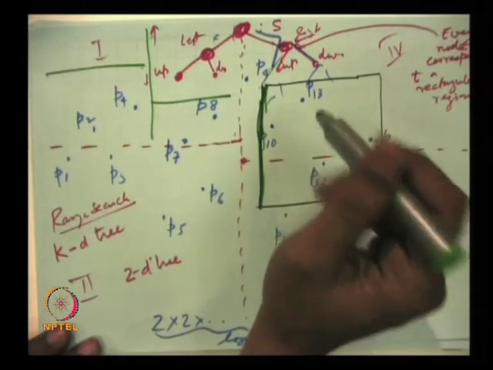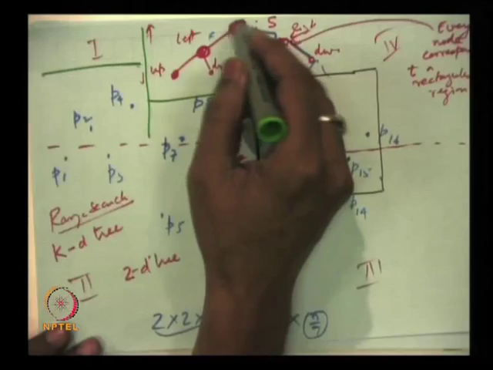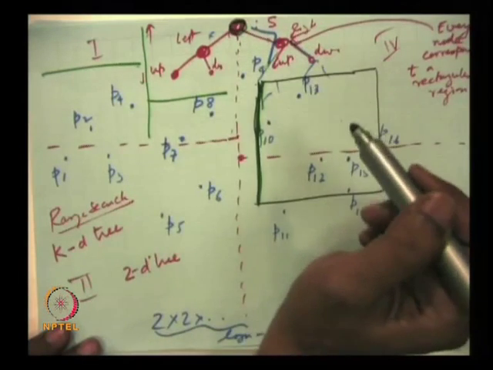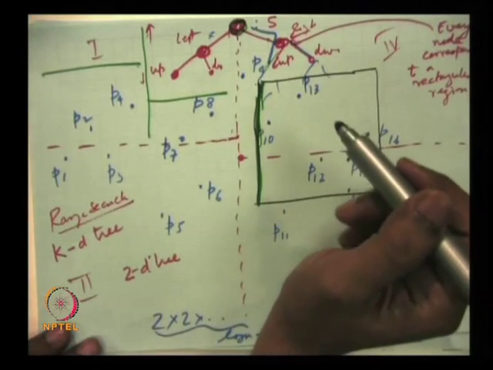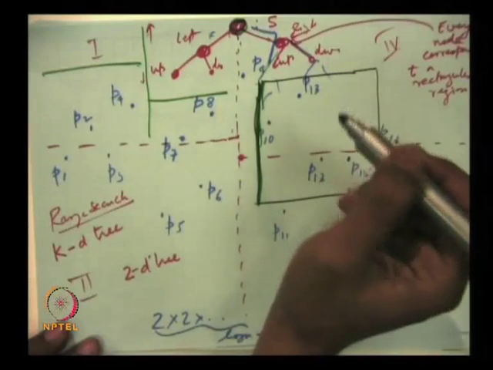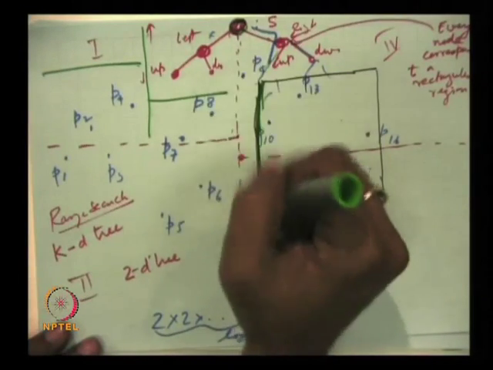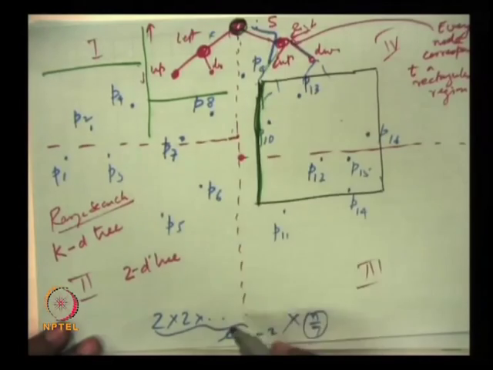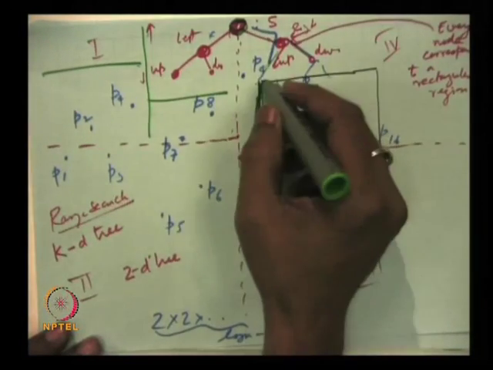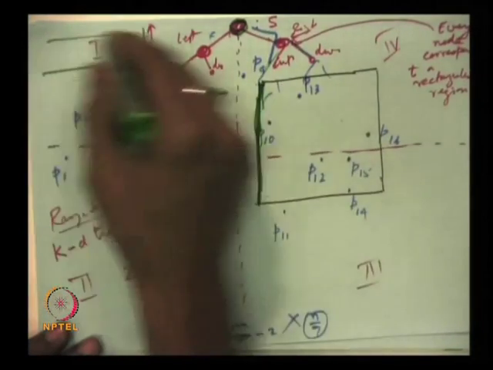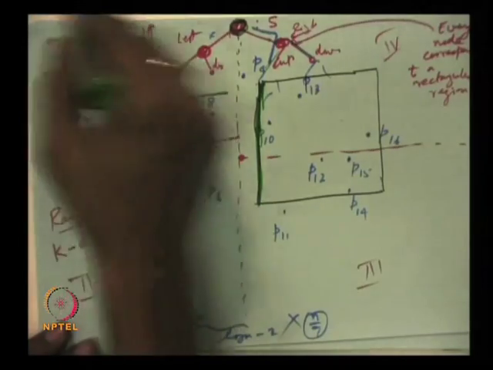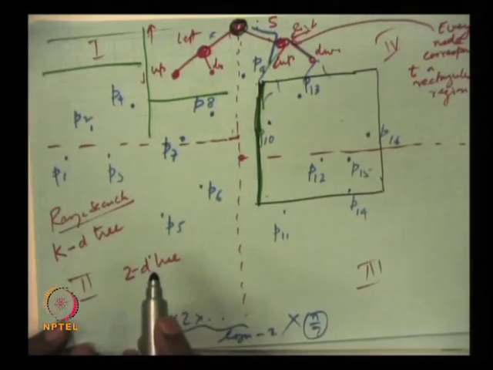Let us assume that the root node bisects the x coordinate. Now, I am talking about this edge, and there is some overall boundary of this region that contains endpoints.